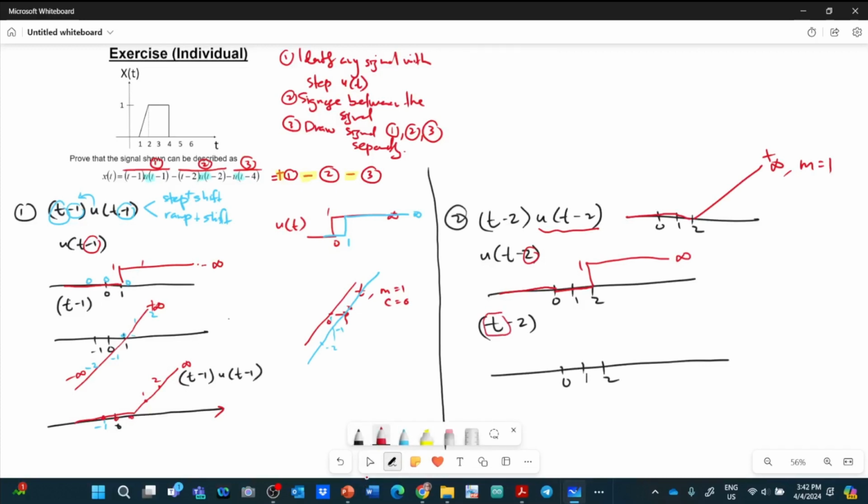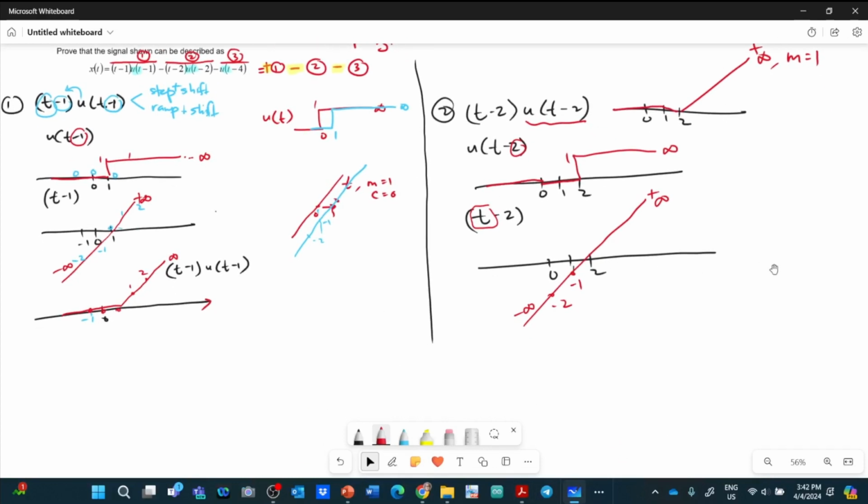The ramp was at t equal to 0, right? So t minus 2 means shifted to the right by 2. Just a shift. Remember, for the ramp there will be plus and minus, so this amplitude is minus 1 and this one is minus 2.